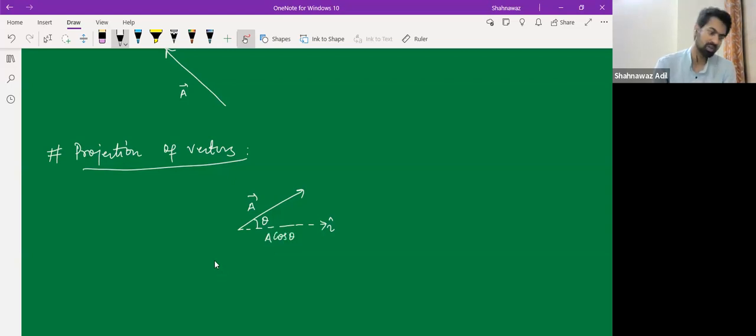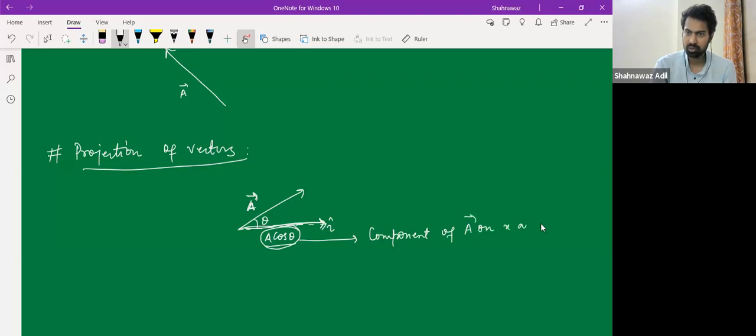Akhil, what were you saying? Yeah, so the component of A in the x direction is A cos theta, right? So this is the projection of A on the x-axis, and this is the component of A on the x-axis.